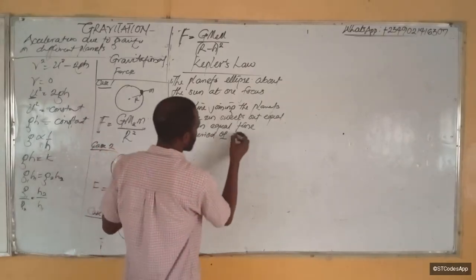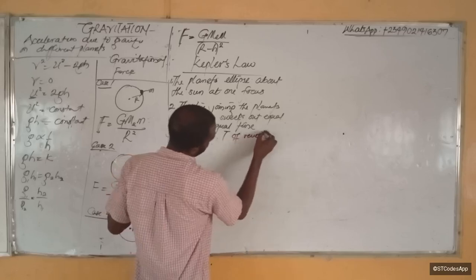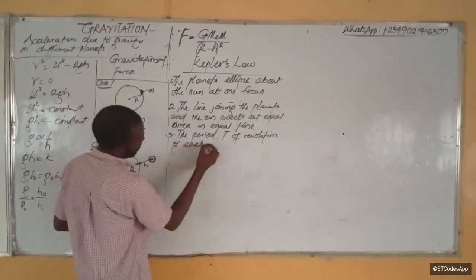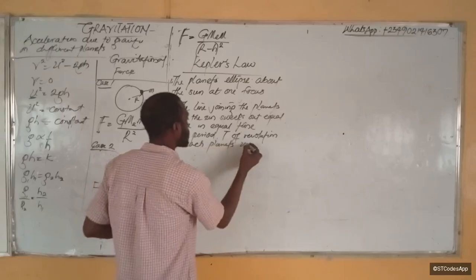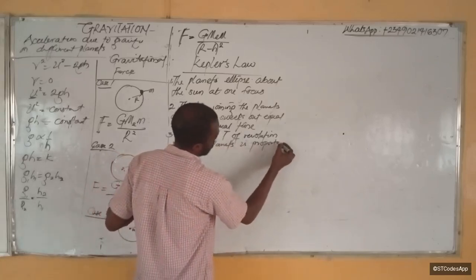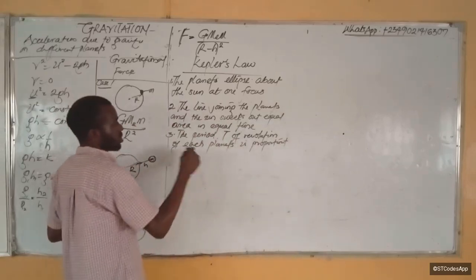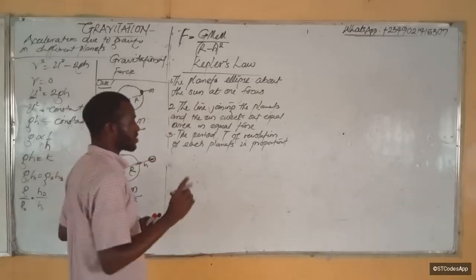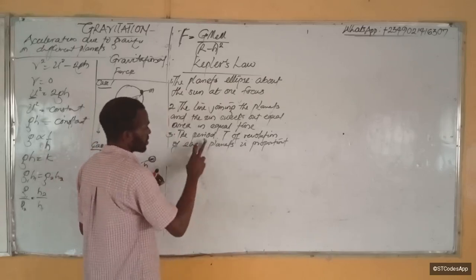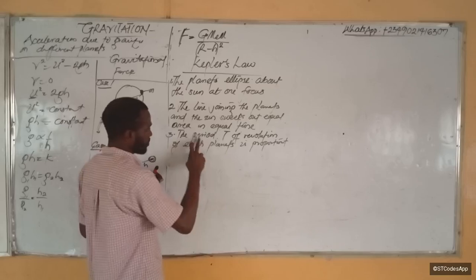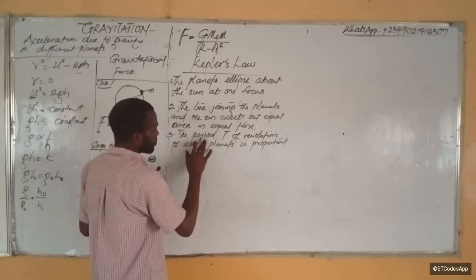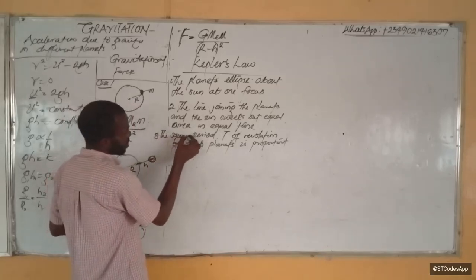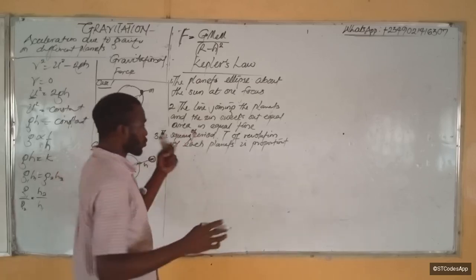The period T of revolution of each planet, it's supposed to be that the square of the period is directly proportional to the cube of the distance between them, the distance between the planet and the sun. So the square of the period. How do I know? I'm going to show you in mathematics.